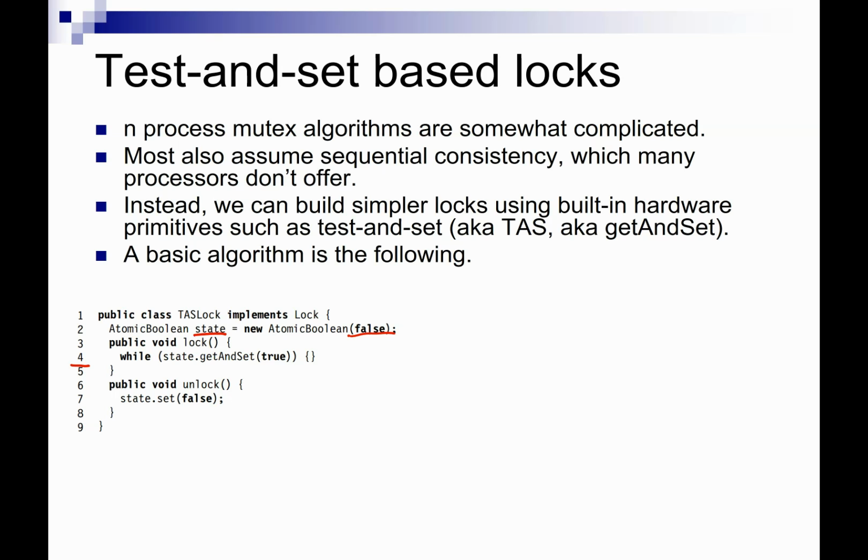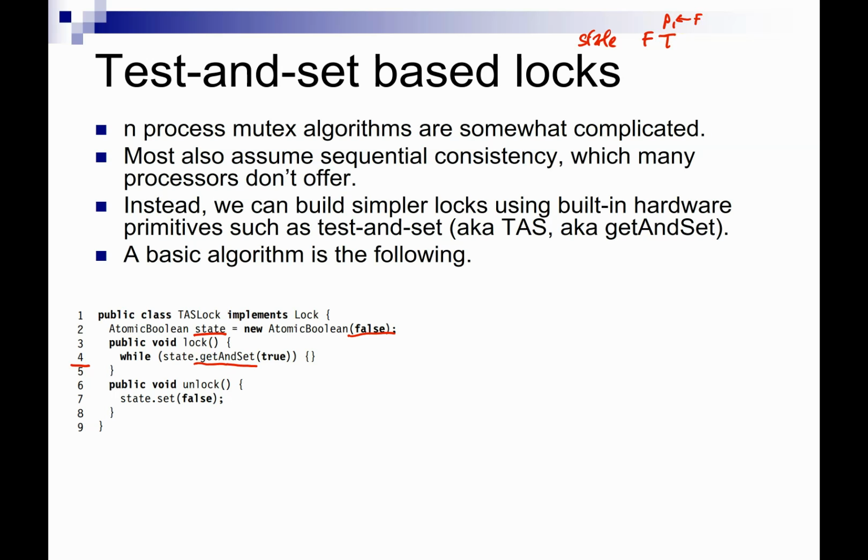Okay, so basically what happens is you have state. This is the state variable, and initially it's false. Let's say process P1 comes. He wants to get the lock, so he does line 4, which sets state to be true. Because we're using get and set, P gets the current value of state, which is false, and then the value of state becomes true after the statement.